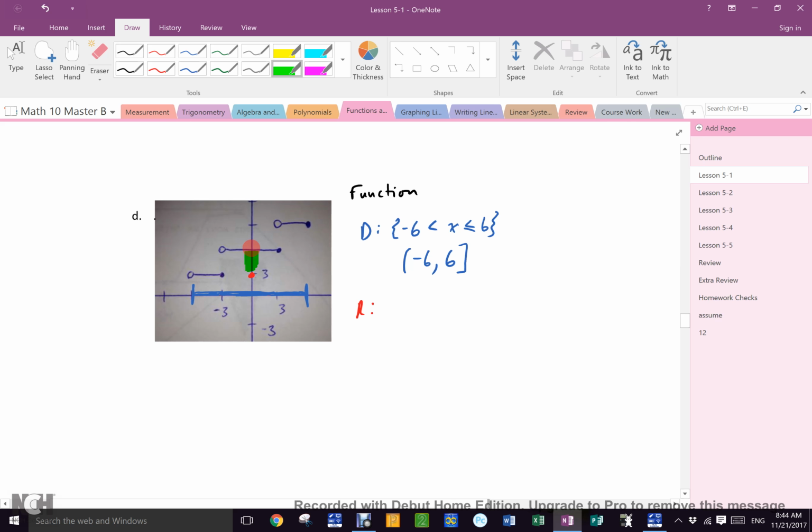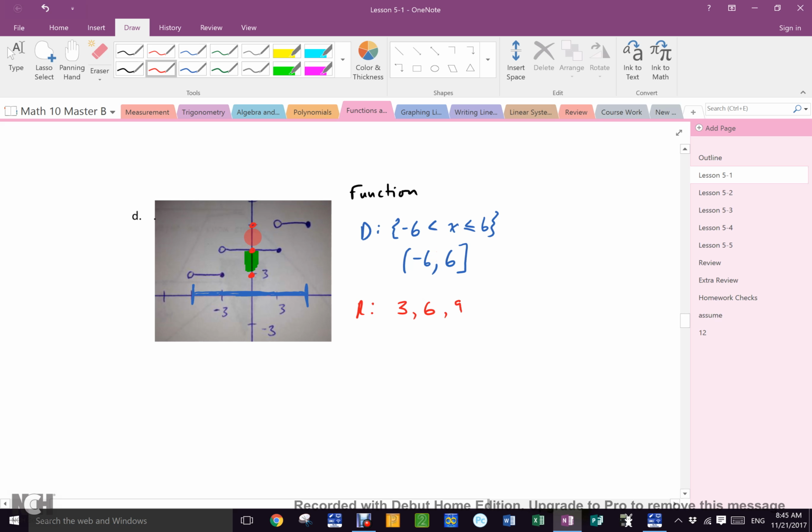No. So my range is 3. What's the next one? What's that? Because that's my next y value. 6. And what's that? 9. Can I do this as an interval?